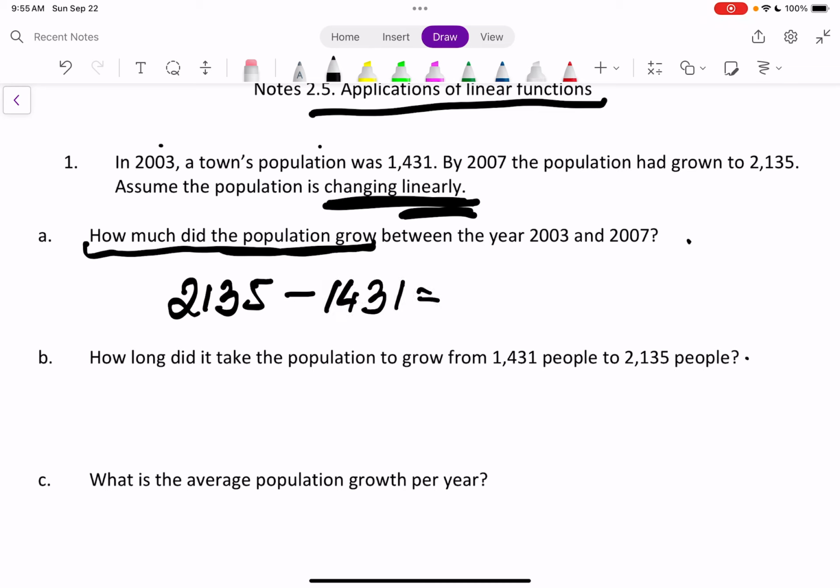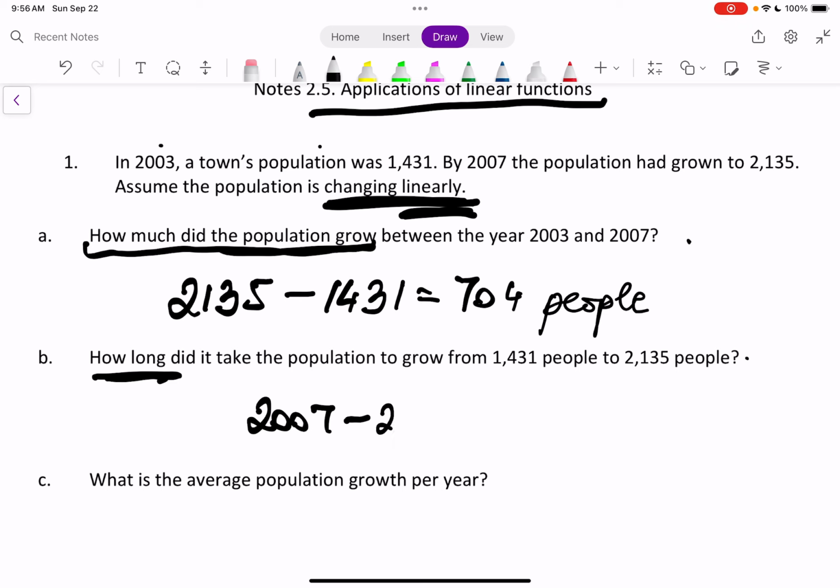So that's a difference of 704 people. How long did it take the population to grow this much? So that's between the years 2007 and 2003, and that's 4 years difference.